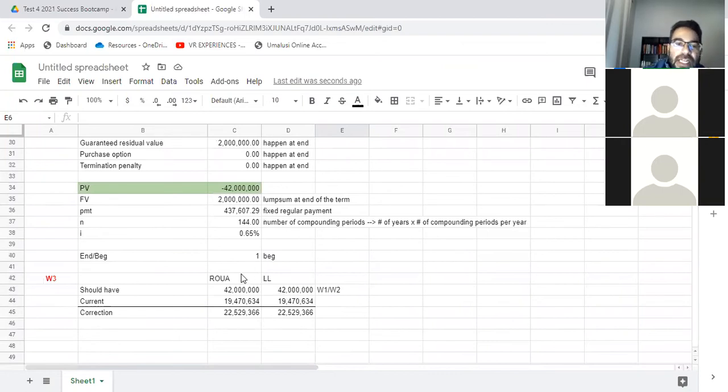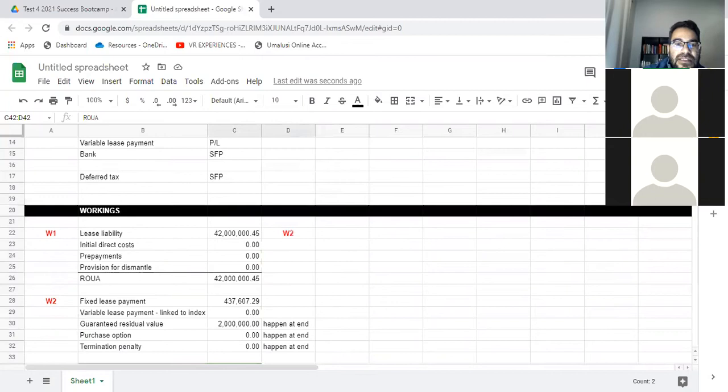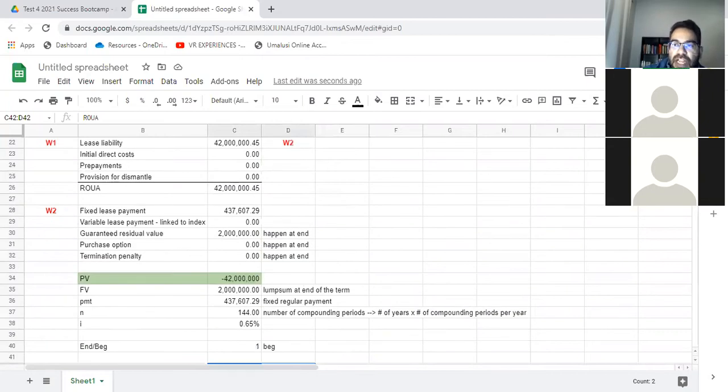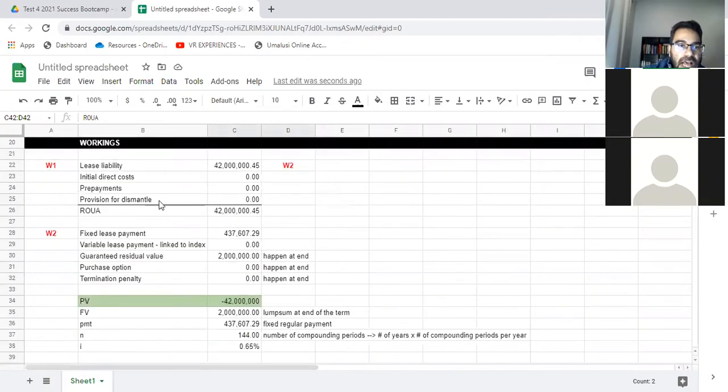The reason why I did it for both, because remember, the right of use asset and the lease liability won't always be the same. In this case, the right of use asset and the lease liability is the same, because for the right of use asset, all the other four components is 0. So that is why it would be okay. But the moment any of these had to be a number, then the right of use asset and the lease liability won't equal each other.